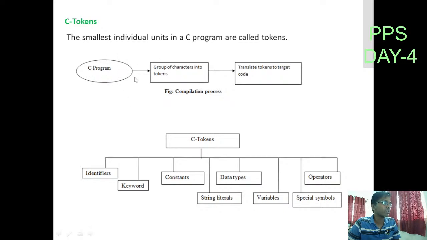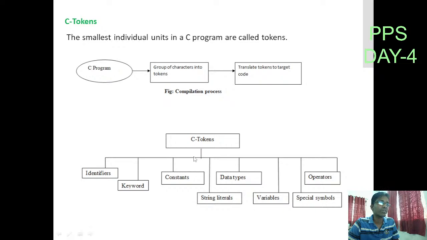Your entire C program is a group of characters called tokens. The group of characters we use for writing a C program can be called tokens, and these can be translated from source code to target code. So the small individual units of a C program are called tokens.